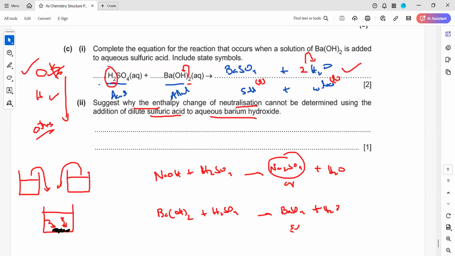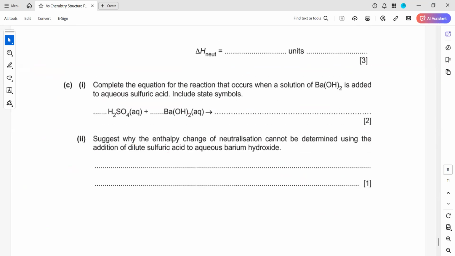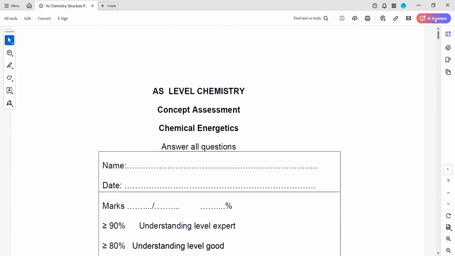As a result, the enthalpy change of solution will not be accurate. When sodium hydroxide reacted with sulfuric acid, it was forming sodium sulfate plus water. This sodium sulfate was aqueous, but barium sulfate is solid. So when the solid or precipitate is formed, it will absorb the energy. As a result, the enthalpy change will not be accurate. So we cannot determine it directly. Indirect methods are there using the Hess's law cycle, but not the direct method. So we want the substances to be aqueous when we are determining the enthalpy change.